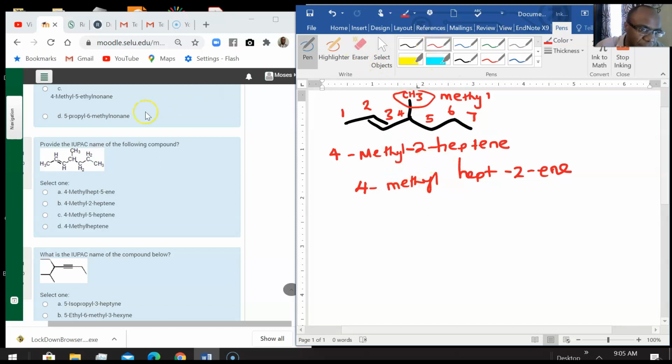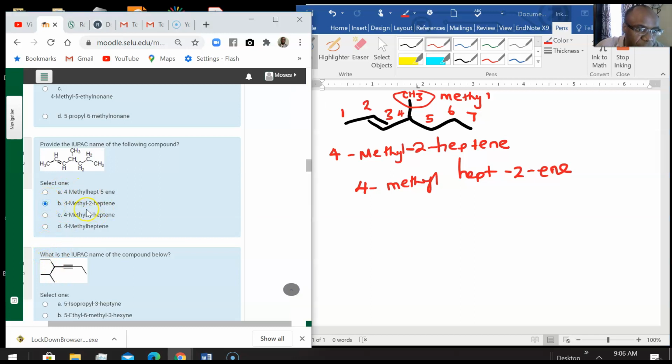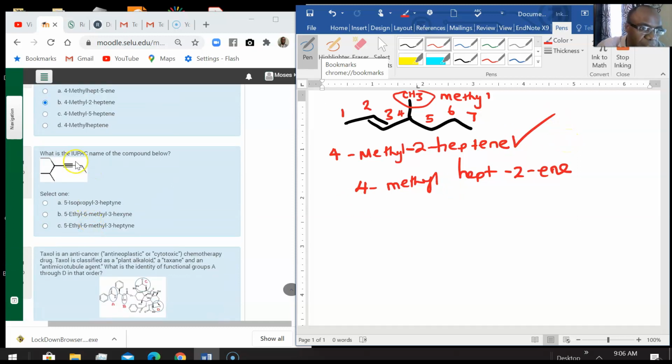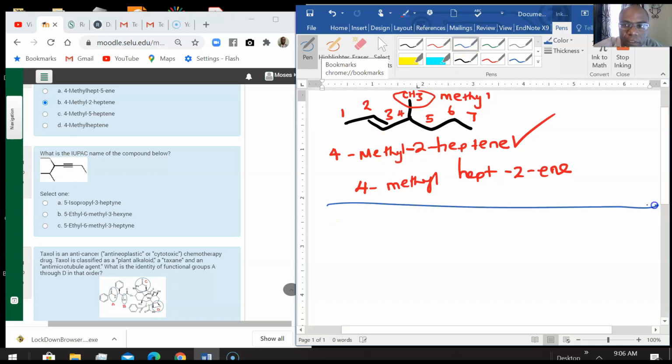So you already see the answer here. It should be 4-methyl 2-heptene, which is what I got right there. Next, what's the IUPAC name of the alkyne which has this structure?